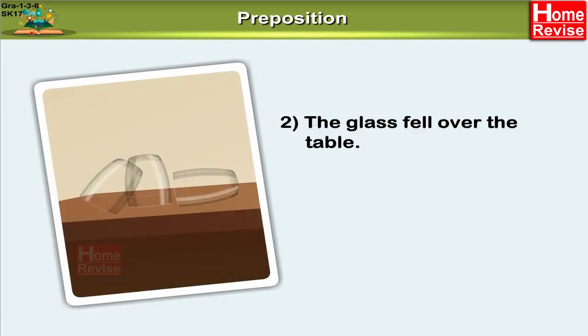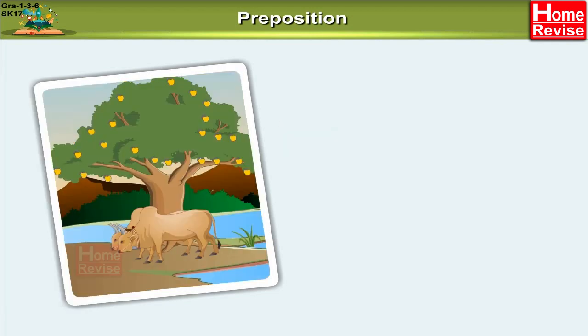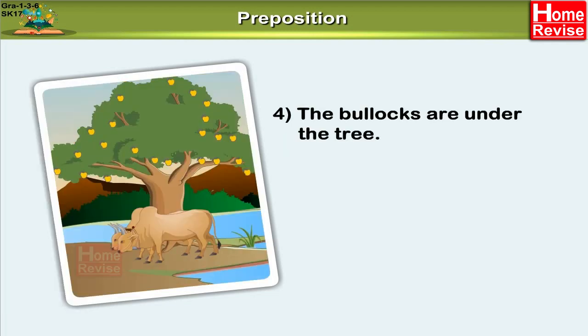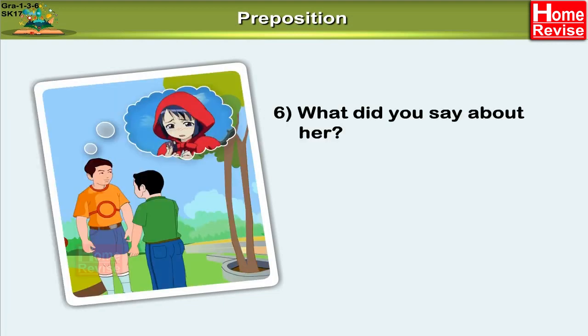Second, the glass fell over the table. Third, the boy is in the class. Fourth, the bullocks are under the tree. Fifth, the dog is behind you. Sixth, what did you say about her?